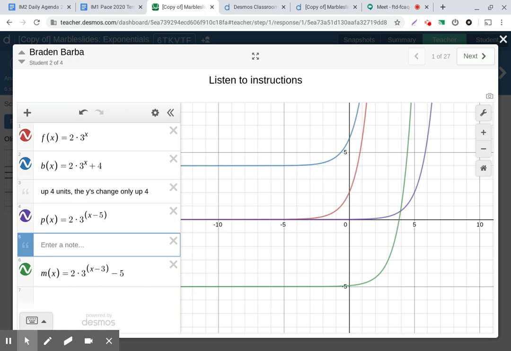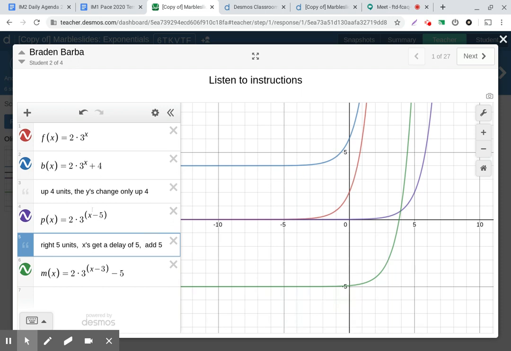Right 5. Yep, that's what I said. And what changes, the X's or the Y's? The X's. Yep. X's get a delay of what? 5. So it means minus 5, right? So they add 5.